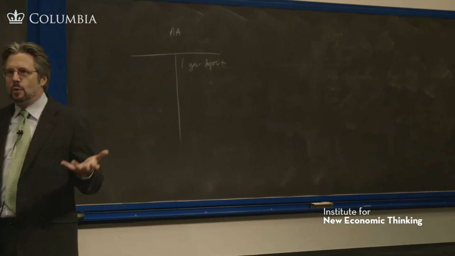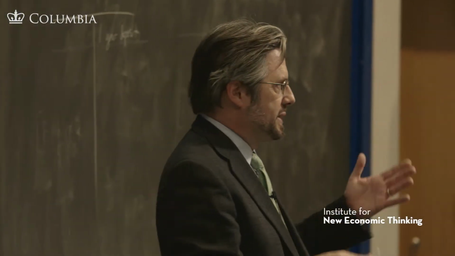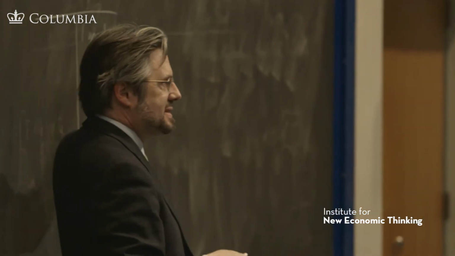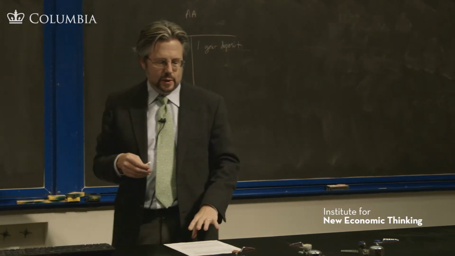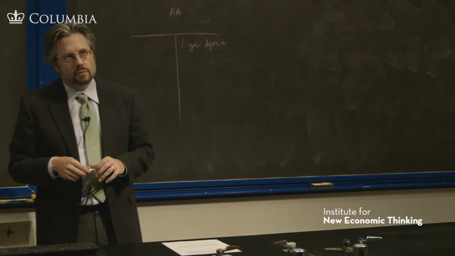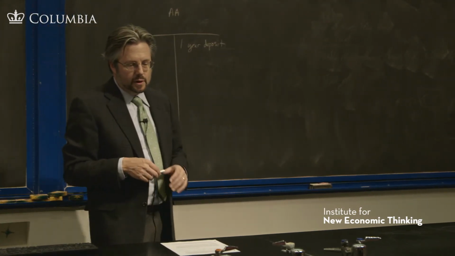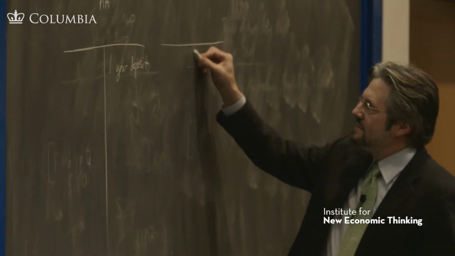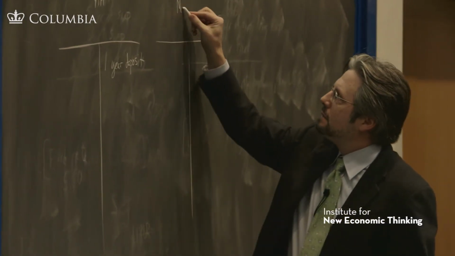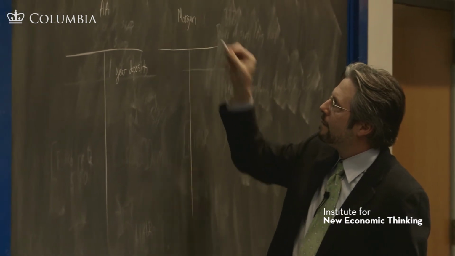But they don't want to have a 1-year deposit for whatever reason. They're looking to match their assets and liabilities, perhaps, okay? And they would like a floating rate deposit. And so they do a swap with JP Morgan. So that's our investment bank in the middle here, okay?